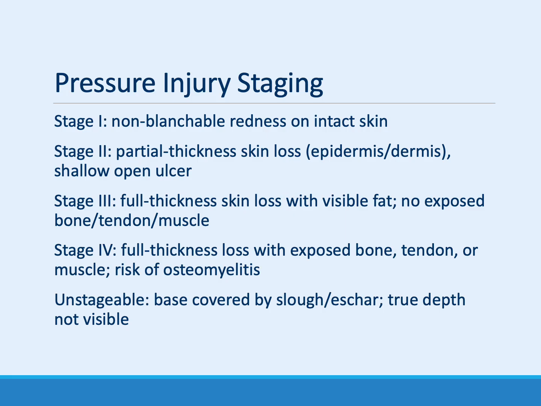A deep tissue injury, so one where we might not see a superficial wound, but we can tell there is deep tissue injury, is going to present as a persistent, non-blanchable, deep red, maroon, or purple discoloration. So if you see something described as a spot on a person's body that is non-blanchable in one of those colors, especially if it is over a bony prominence, especially if they have had a long period of immobility, we're going to think deep tissue injury.